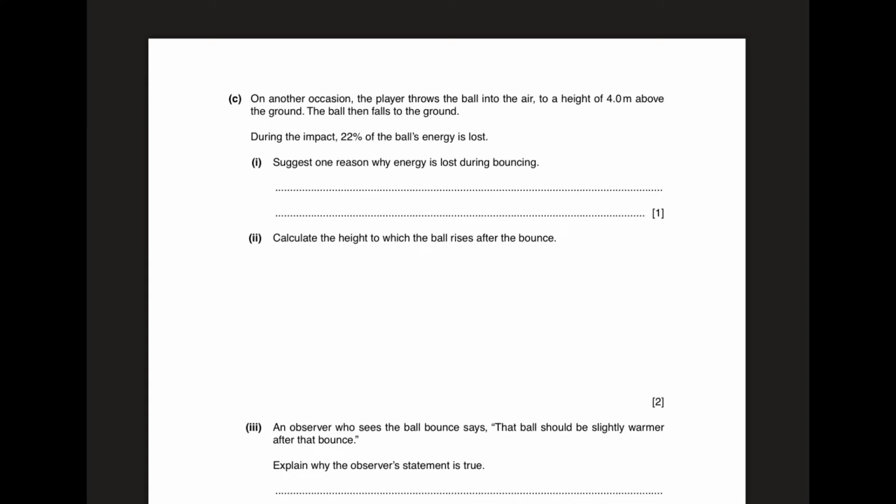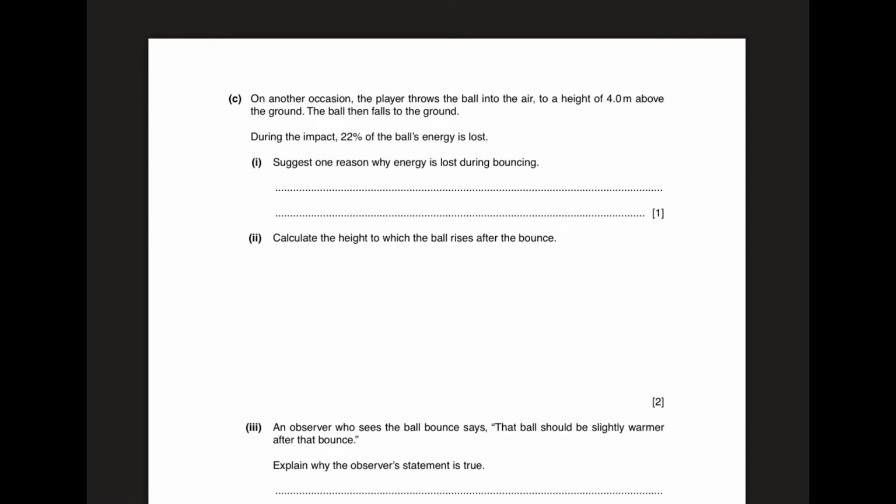During the impact 22% of the ball's energy is lost. Suggest one reason why energy is lost during bouncing. So when they bounce, why energy loss? So you have to suggest a reason.